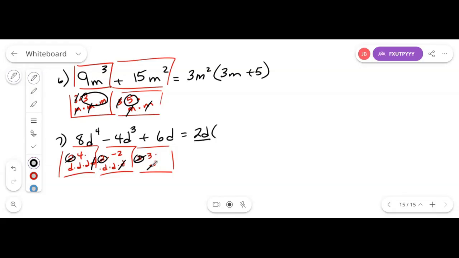I can't take D cubed because there aren't 3 D's in the third box.